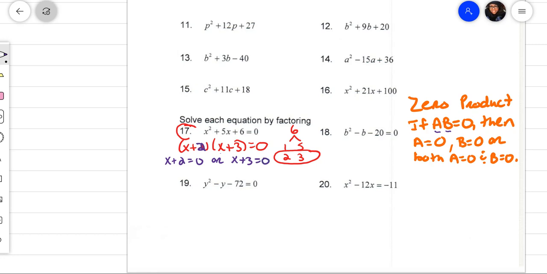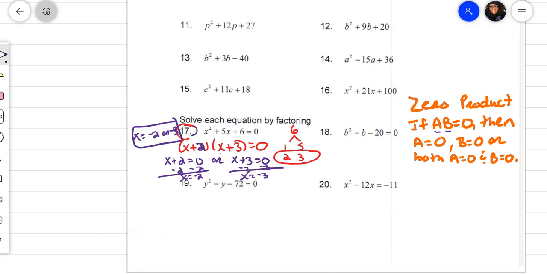This is verbatim from the zero product property: if we multiply two things and get 0, then one of them or both of them has to be 0. And then we solve the two equations. For the first one, we end up with x is -2. For this one, we end up with x equals -3. So our solutions are x equals -2 or -3 for this particular equation.